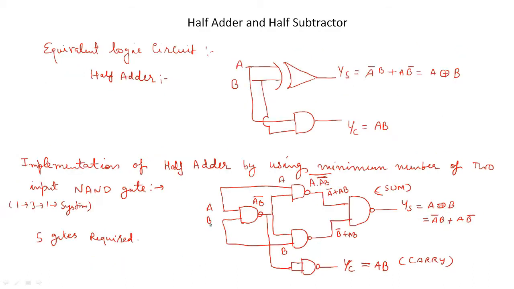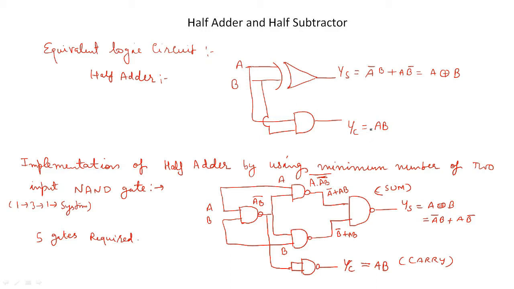Now this is the equivalent logic circuit of the half adder, because for the sum we have the exclusive OR gate, and for the carry you have the AND gate.